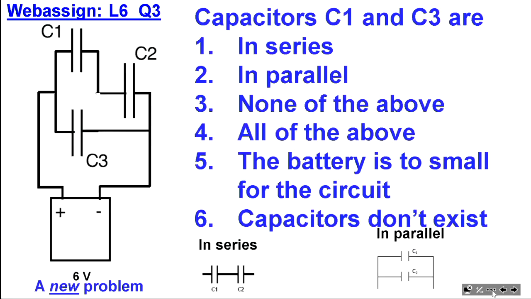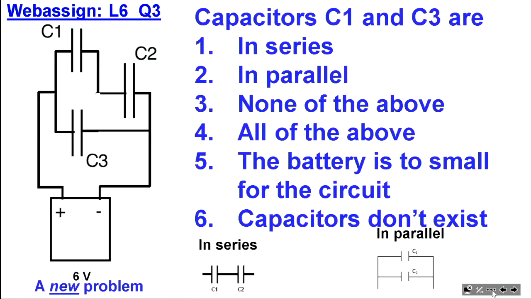This is a new problem. It hasn't been solved yet. The capacitors are the same: 1 microfarad, 2, 3, but they are wired up differently. The circuit is different. And again, if we look at capacitors 1 and 2, they are connected in series, nothing in between.